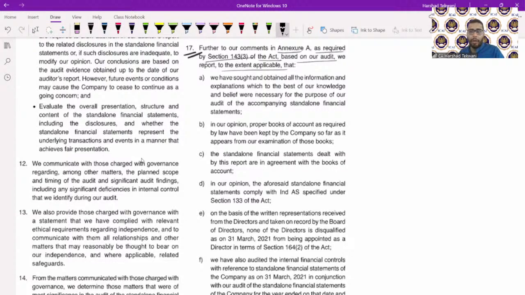Section 143(3) says that the auditor shall also state whether he has obtained all the information and explanations necessary for the purpose of the audit. Over here, yes, they said we have sought and obtained all the information and explanations which, to the best of our knowledge and belief, were necessary for the purpose of our audit. So whether you have received information, you need to provide an answer for that.